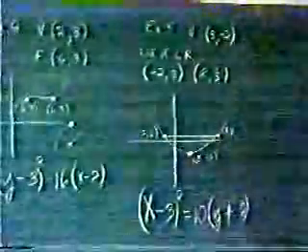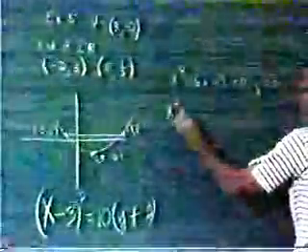Now, let's just go ahead and square all that out and look at what happens. Squaring this out will be x squared minus 6x plus 9 equals 10y plus 20. So getting everything to one side, we have x squared minus 6x minus 10y minus 11 is equal to 0. And so that's the final answer.